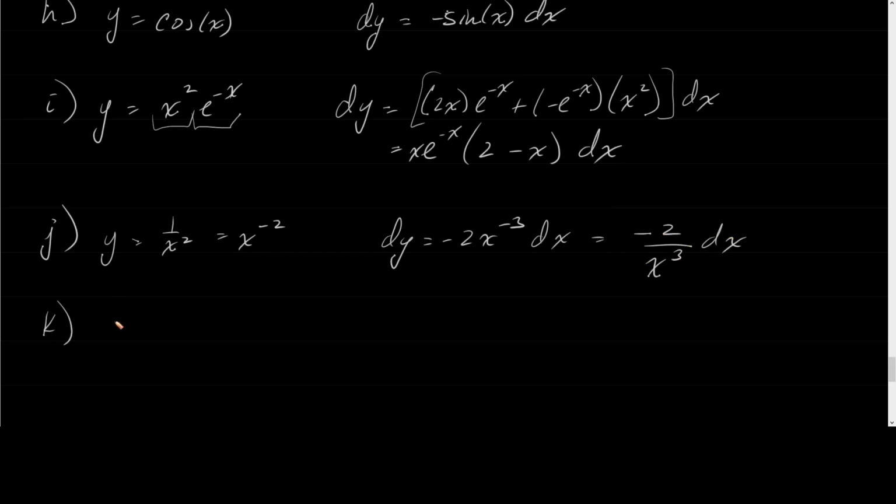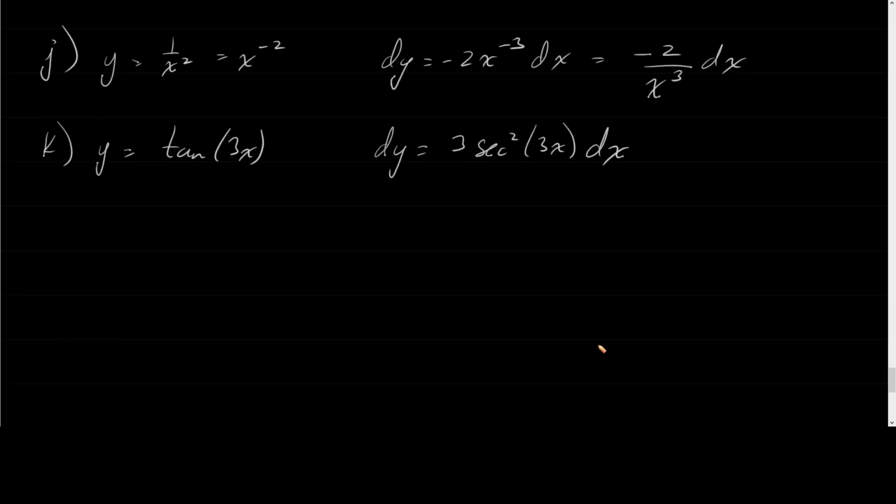Let's say I had y equals tangent of 3x. Then dy would be 3 secant squared of 3x dx. And the same just goes on for whatever the function might be, as far as the differential goes.